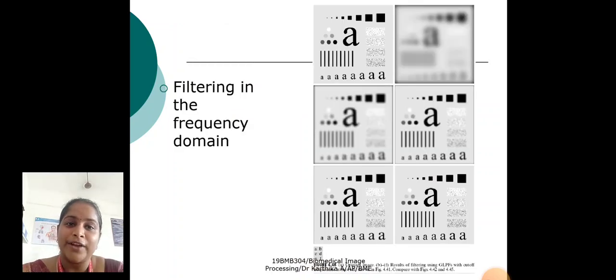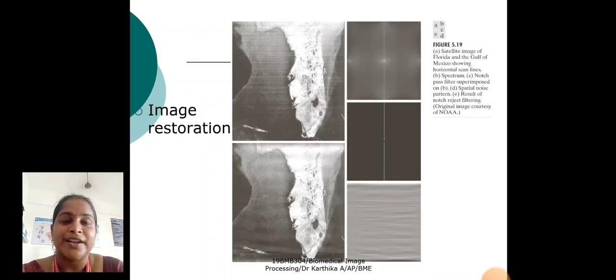And then we are using filtering in digital image processing also. Here the filtering in the frequency domain, how it works, is shown here. And then image restoration. Here the satellite image of Florida and the Gulf of Mexico shows horizontal scan lines. And then it shows the spectrum also. And then here we are using a notch pass filter, superimposed on it, and the final result we have is the spatial noise pattern.